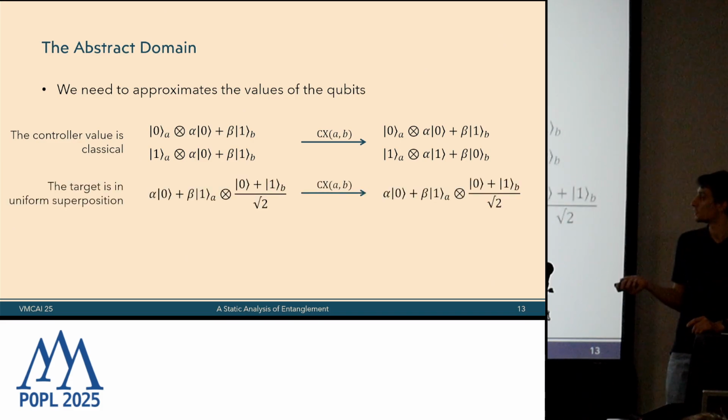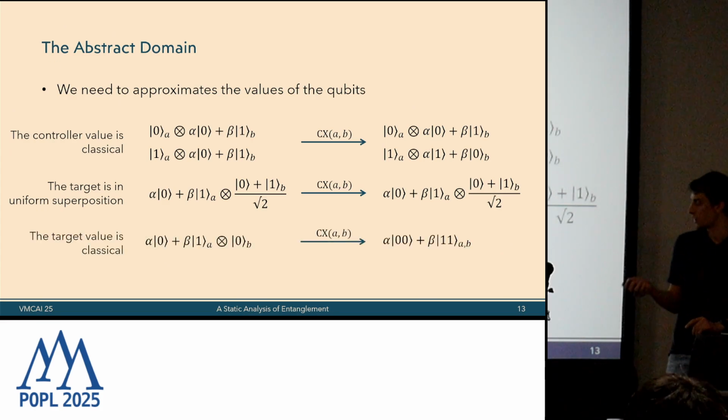Then there is another case in which the controller is a quantum state, but the target is this particular state, the uniform superposition between 0 and 1. When the target is in this state, the CNOT is basically equal to the identity. So also in this case, we don't introduce entanglement.